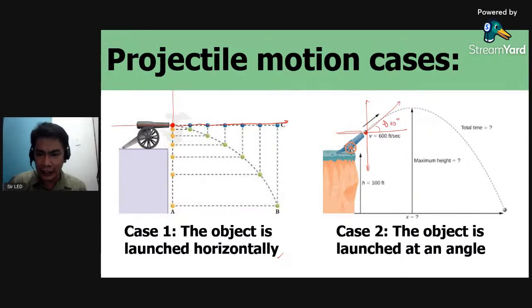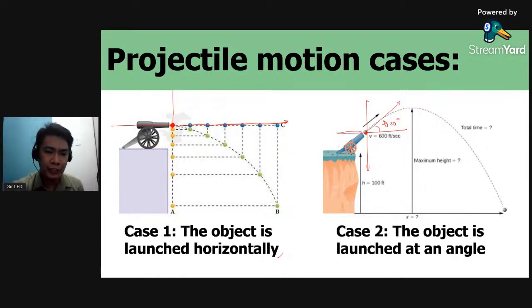We know, class, that it will go upward and reach a maximum height and then will go downward, increasingly adding speed at a constant rate of negative 9.8 meters per second squared. But in case number one, you just simply launch it horizontally and let gravity and the horizontal motion do their work. All right.